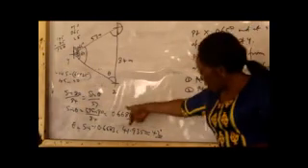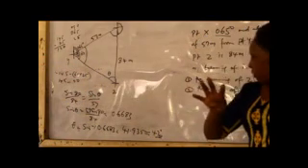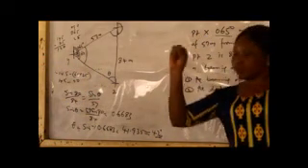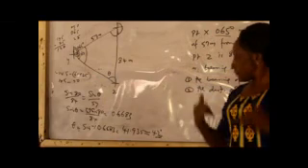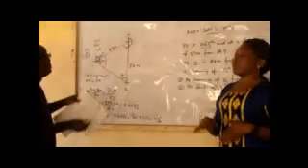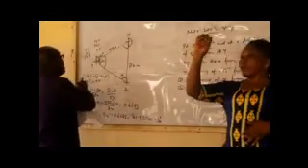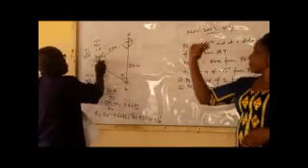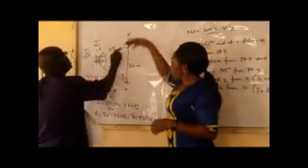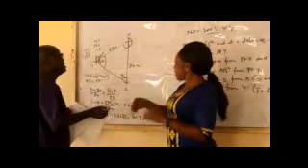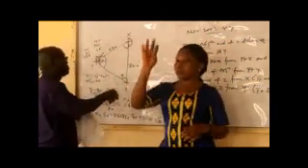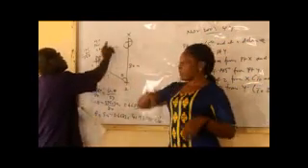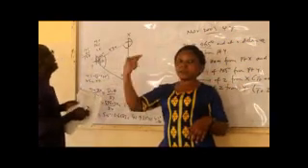Then, having obtained that to be 42 degrees, the next now is to find the bearing of this. Then remember that this plus this will give you 90 degrees. So you can still find this angle. From there, you can now get the other side.